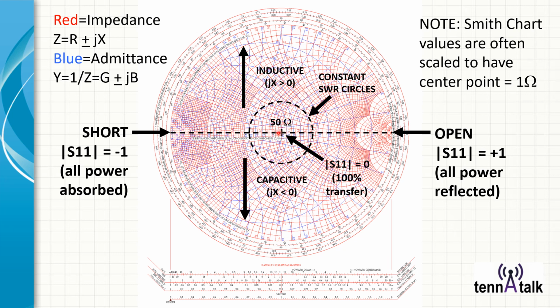So realize also that it goes up and down from the 50 ohms logarithmically. So 25 ohms is not halfway. It's actually much shorter, much closer. So it'll go from here to like 25 to 10 to 5 to 2 to 1, etc. And from here it'll go to 100, 200, 400, 500, 1000, 2500, etc. very quickly. So it's a logarithmic scale.